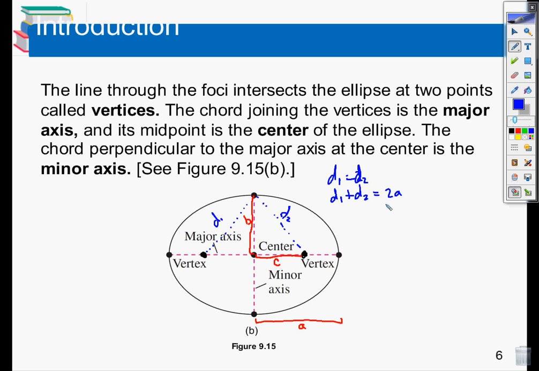And there's one other piece, which is, say I didn't want to call this D1 and D2. I wanted to give some sort of name based upon the a, b, and c that we talked about before. Technically, this is the hypotenuse of a triangle with b and c. So I could rewrite that distance as the square root of b squared plus c squared. That's just another way that I could rewrite that distance D2. And if I wanted to create a re-representation of these two equations, I have two of these distances, and that equals 2a.